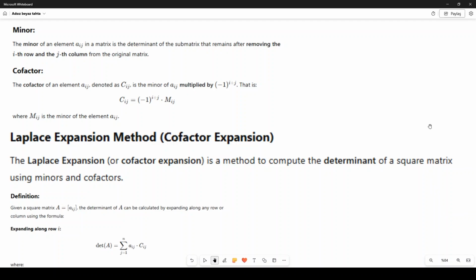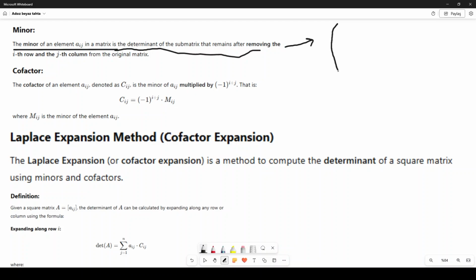Here's the definition for the minor. The minor of an element Aij in a matrix is the determinant of the submatrix that remains after removing the ith row and jth column from the original matrix. What does this mean? Let's work on this definition.